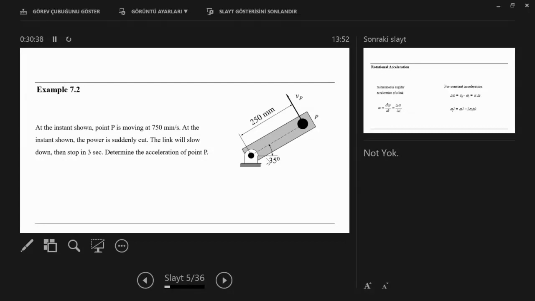Let's say at this instant, this position shown has a speed of 750 millimeters per second, and the power is cut, and then it has to stop.